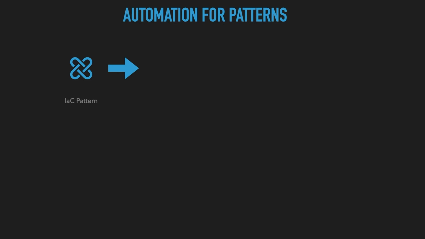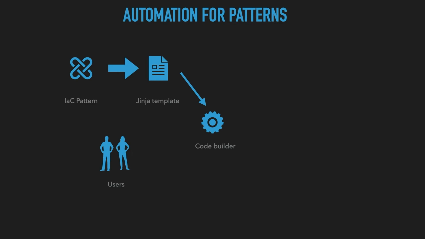So we convert this into a Jinja template, write the code builder microservice, upload this Jinja template to the code builder, and give the interface to the users. So the users can call the API of the code builder. Code builder will take this Jinja template, take the values provided by the users, and based on this generate the Terraform code and store this code in a Git repository.